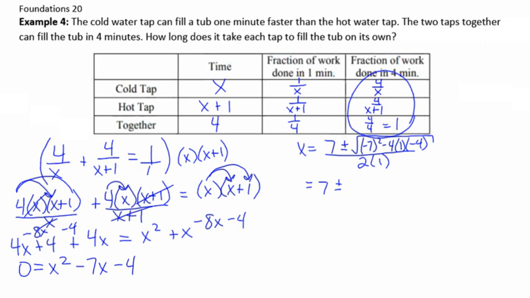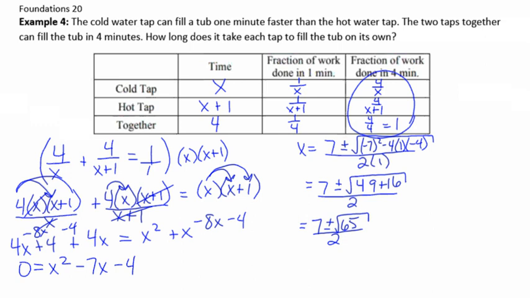So 49 plus 16, all over 2. 49 plus 16 is 65 over 2. So here 65 is not a perfect square, so I can't get a value here.